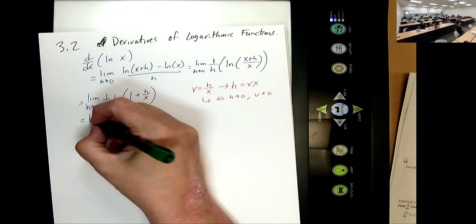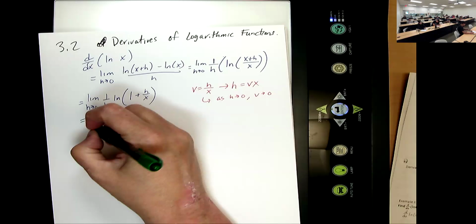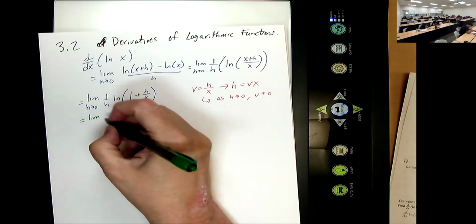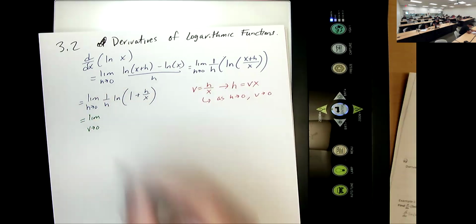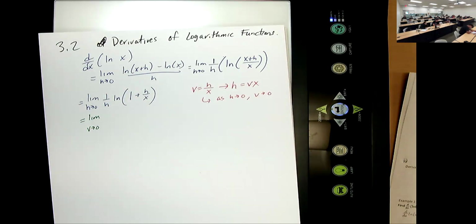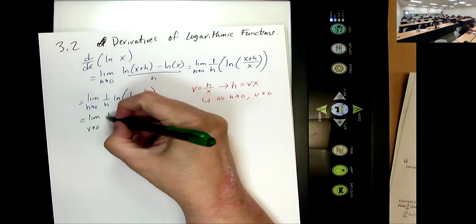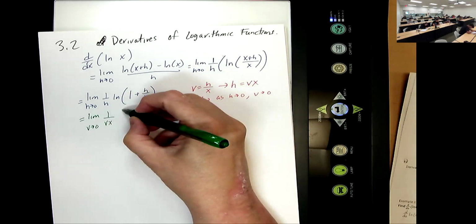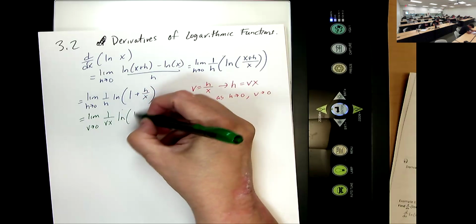That's going to allow me to switch this over. I'm going to use vx here now, as v goes to 0. And we've got 1 over h, which is 1 over vx, times the natural log of 1 plus v.